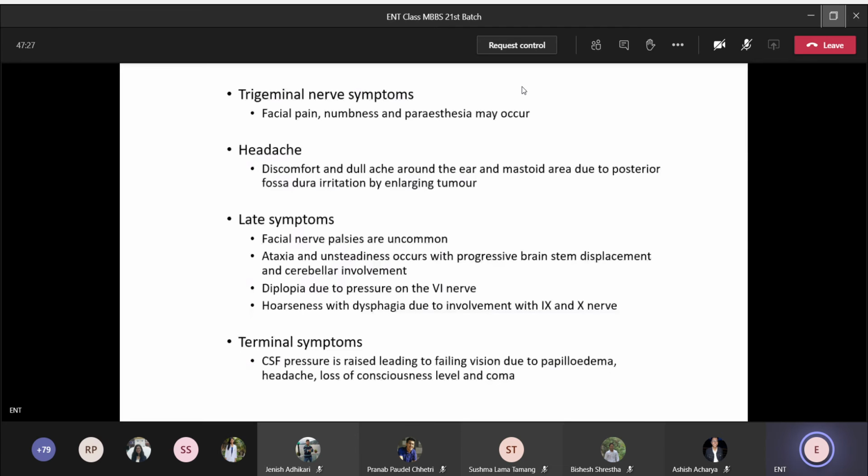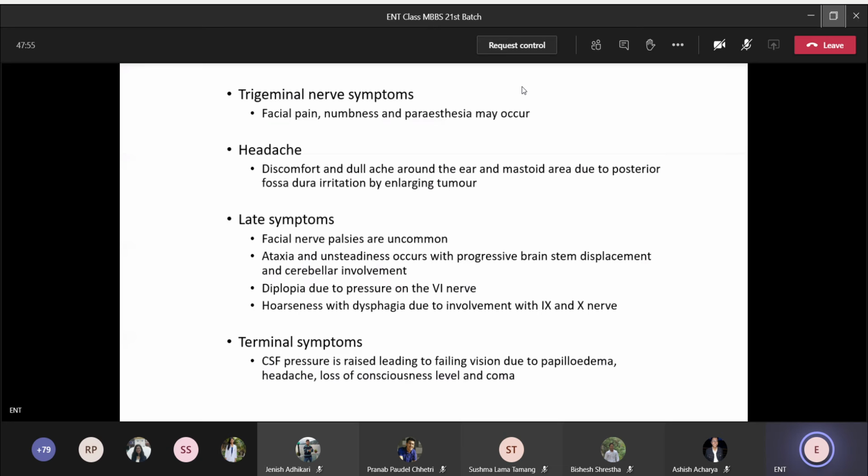There can be unsteadiness, ataxia, with the progressive brain stem displacement and cerebellar involvement. There can be diplopia, double vision, due to sixth nerve or abducens nerve involvement, pressure over the abducens nerve. And if the 9th and 10th nerves are involved, then the patient will have hoarseness as well as dysphagia.